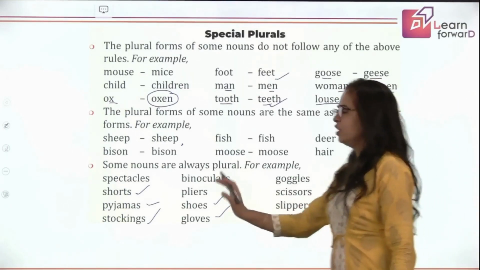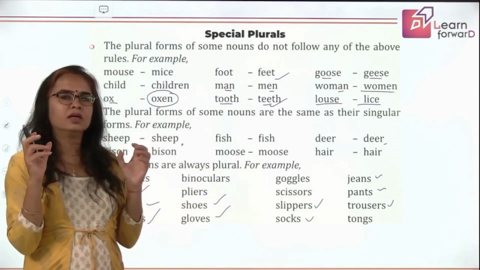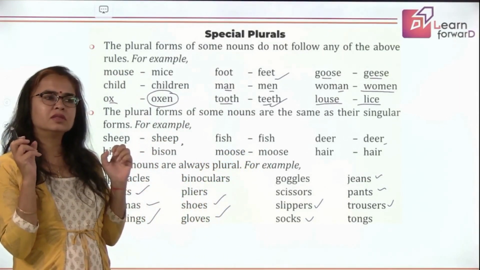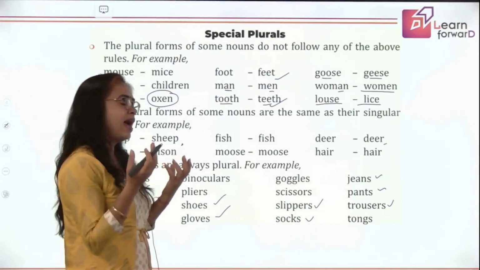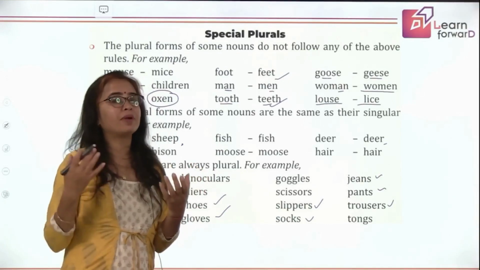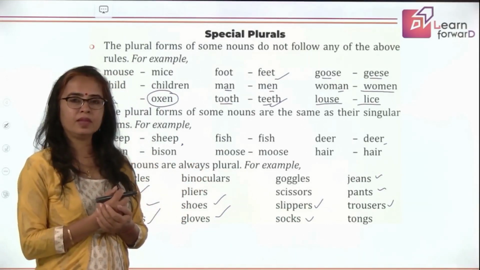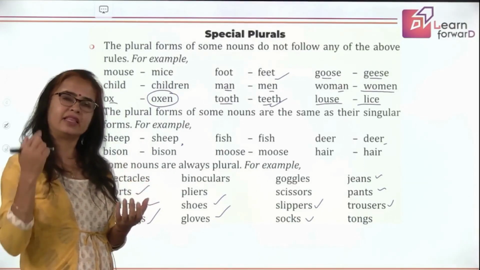So when you look at these words, can you just imagine that some people have just one foot, they are deprived of the other. Might be they met with an accident, or it is since birth that they have just one foot.